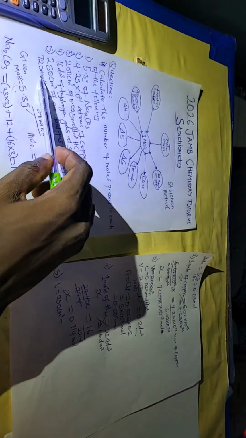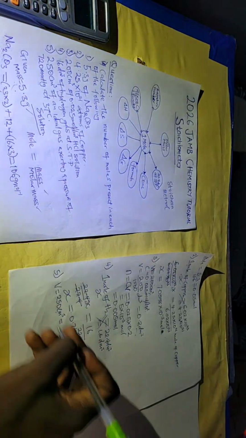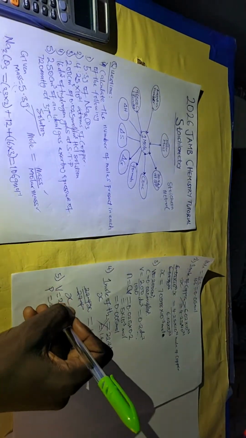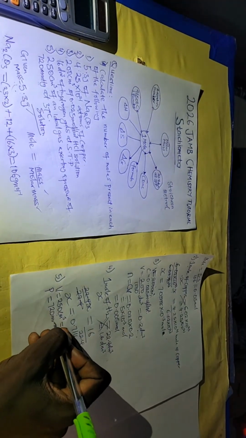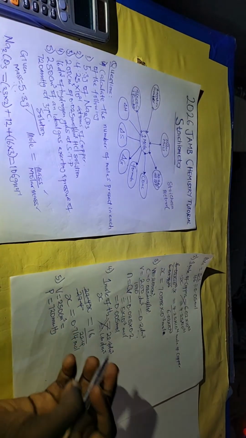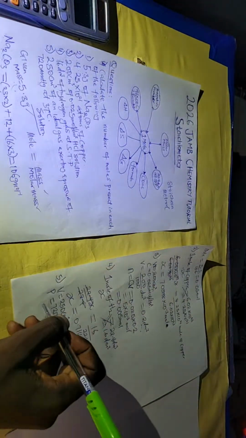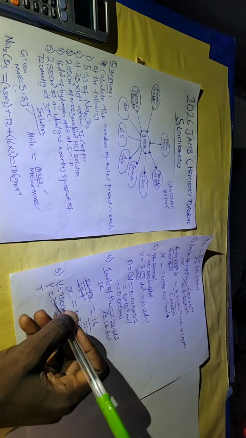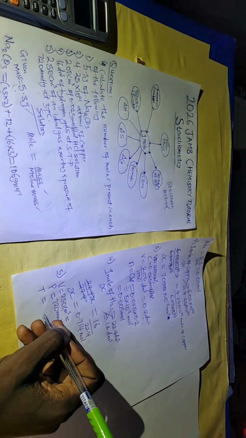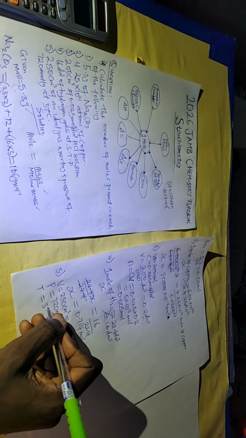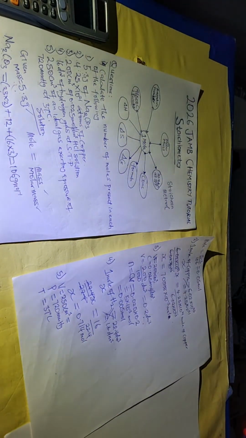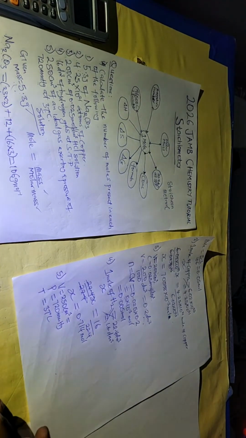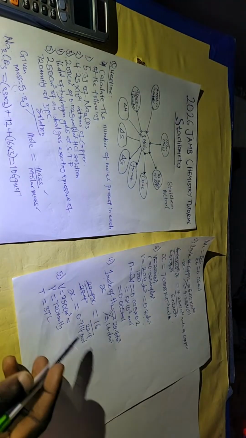You are given pressure, equals 720 mmHg. You are given temperature, T equals 37 degrees Celsius. Okay, that is the parameters given.